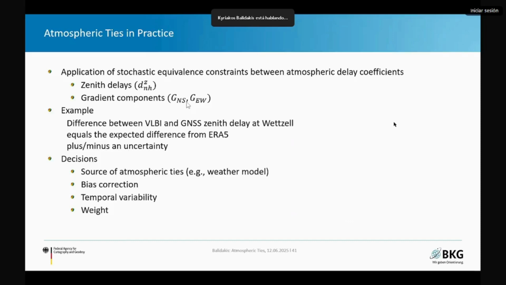Do we leave it in? What do we do? Then the atmospheric delay changes within a couple of minutes, but the difference between the atmospheric delays of stations that are nearby does not change as rapidly as a function of time. So do we apply something? Do we apply a constraint every hour, or do we just have a time-invariant constant? Also, what uncertainty do we apply to this pseudo-stochastic observation?